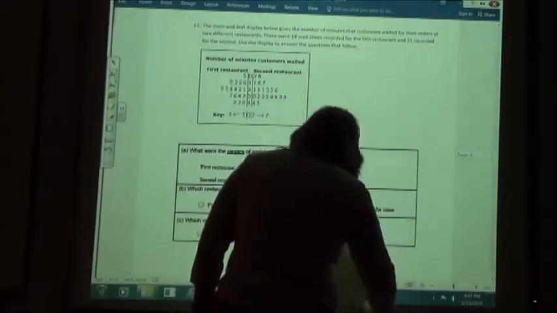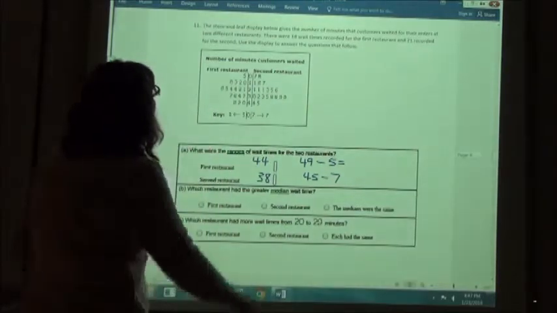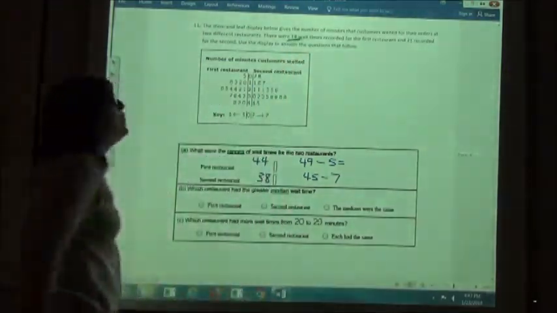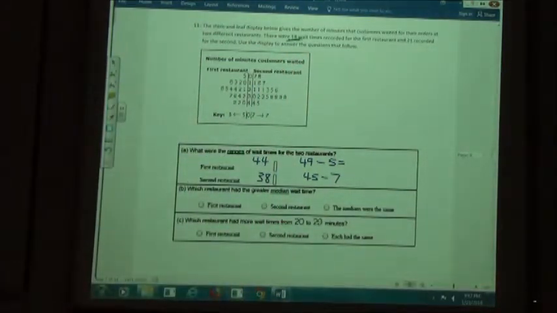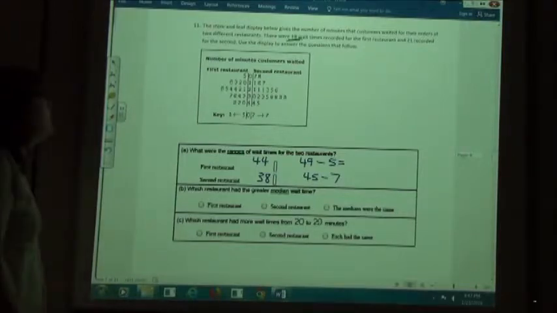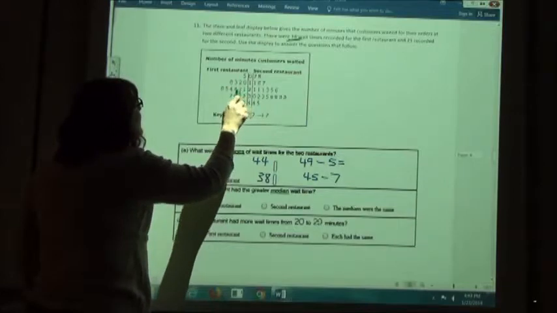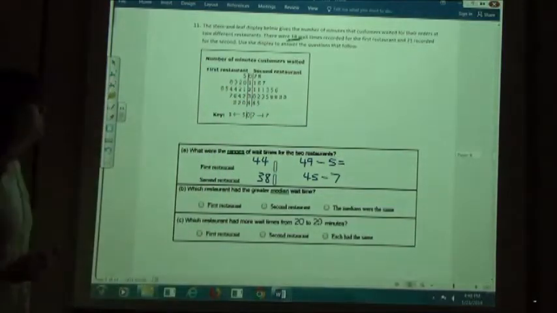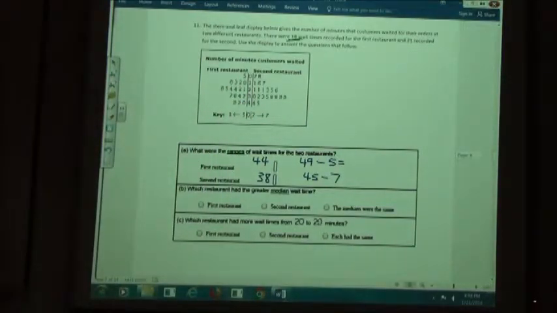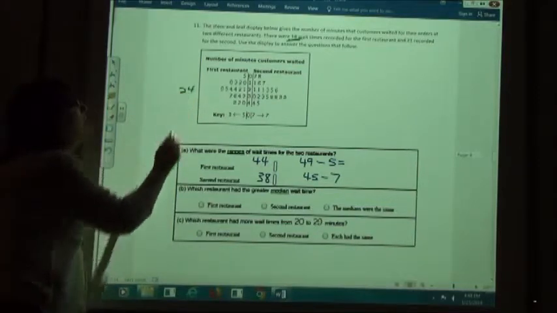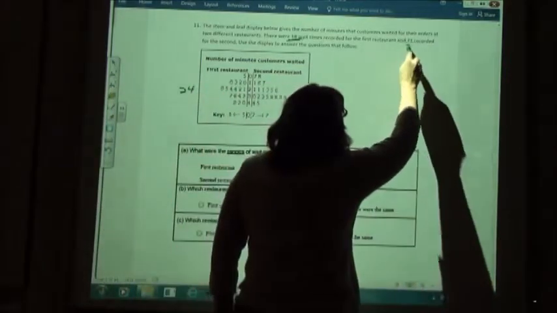So again, the median is the middle. We had 18 wait times for my first restaurant, so somewhere around number 9. Which one is around number 9? 24. On the other side, 21.